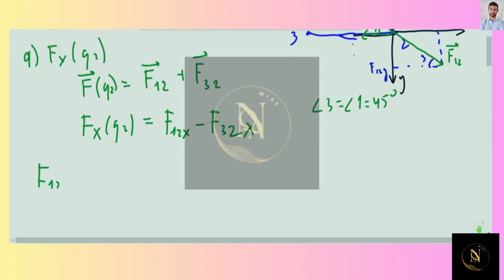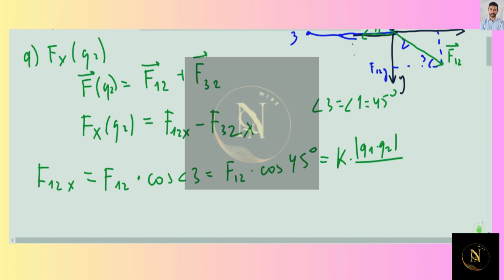So F12x equals F12 multiplied by cosine of angle 3, which is F12 multiplied by cosine of 45 degrees. The absolute value of F12 equals K multiplied by absolute Q1 multiplied by Q2 divided by D12 squared, and multiplied by cosine of 45, which is 1 over square root of 2.